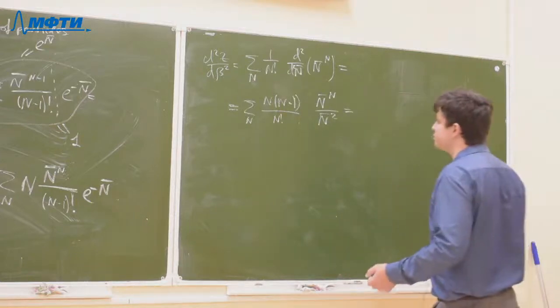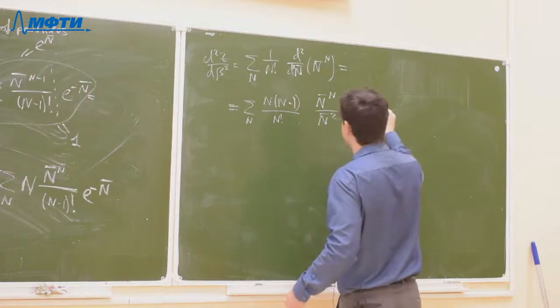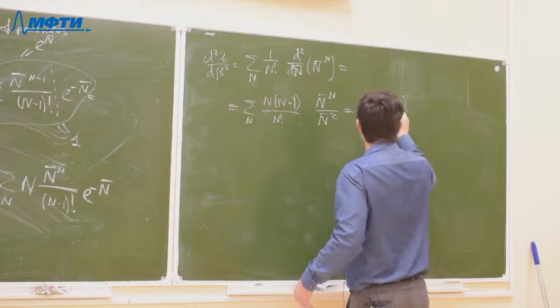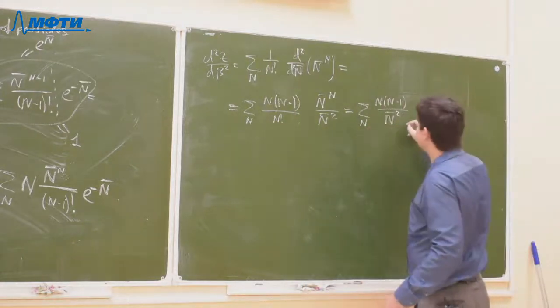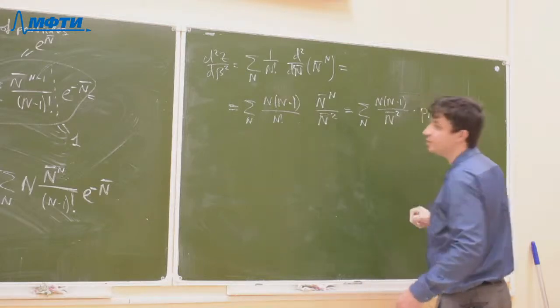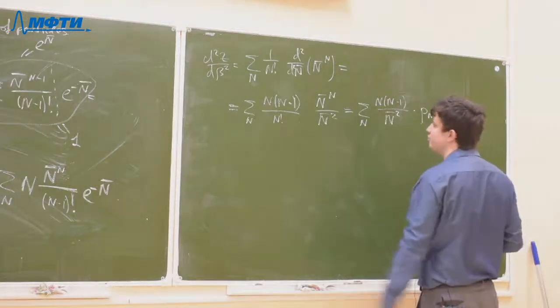And then I can express it through these probabilities. So I can write that this is actually a sum over n of n times n minus 1 over n average squared multiplied by Pn, the probability which comes from the Poisson distribution, but we don't have the exponent here.